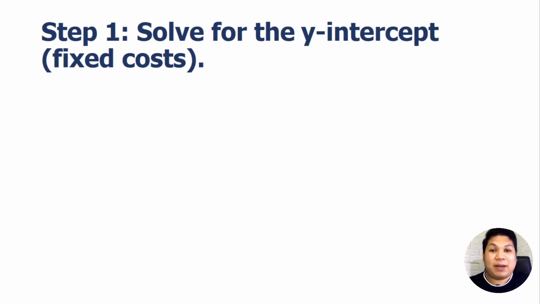So our next step is to solve for the y-intercept, or the b, which is our fixed cost, using the basic linear equation, y equals mx plus b. The y is the total cost of electricity, which is equal to m, the slope we have just computed, 0.886, times x, the production level, plus b. The unknown figure here is the value of b.